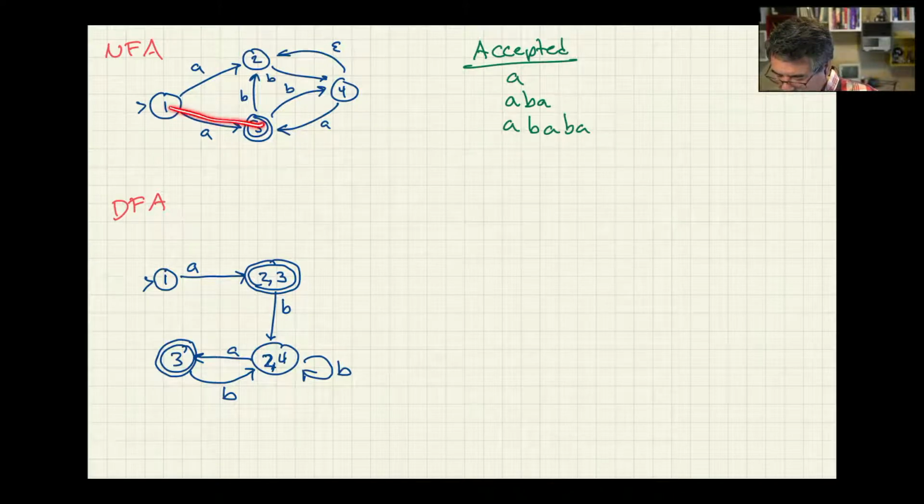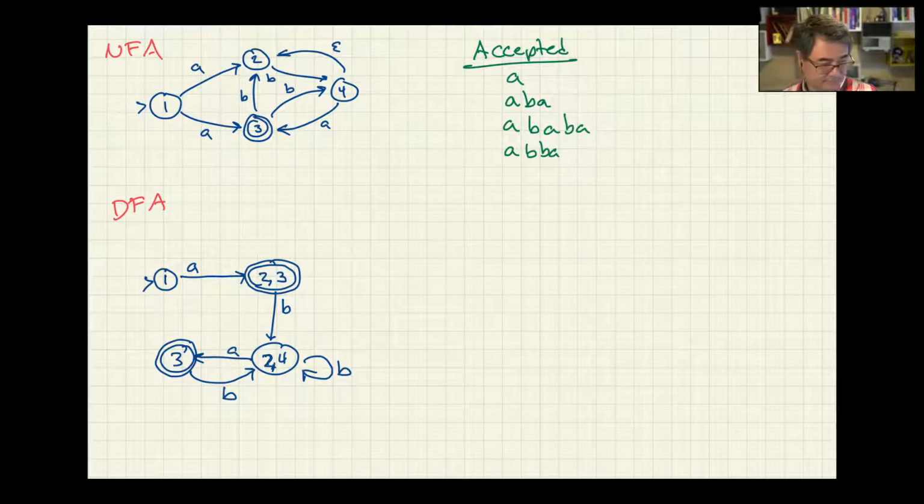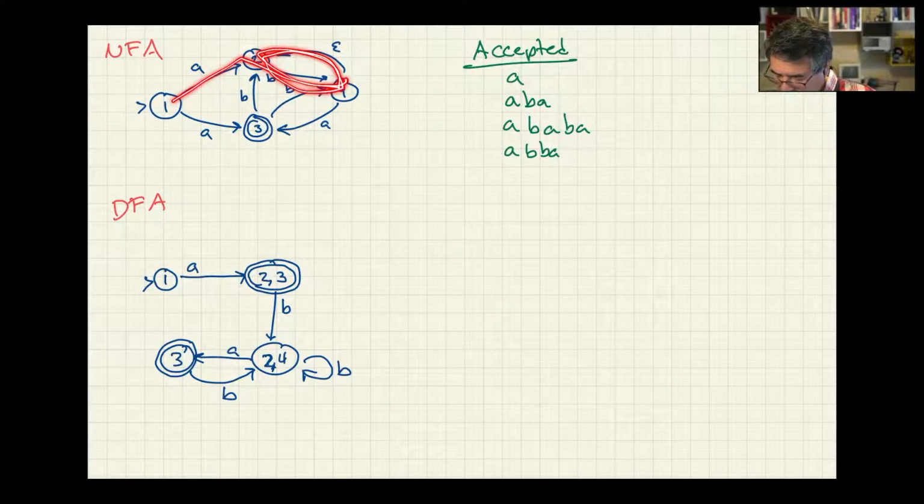Let's see, we could do A, B, B, A. We could also do A, B, and then any number of those B's. We just have to get ourselves out of this loop, so we can do one final A when we're done.